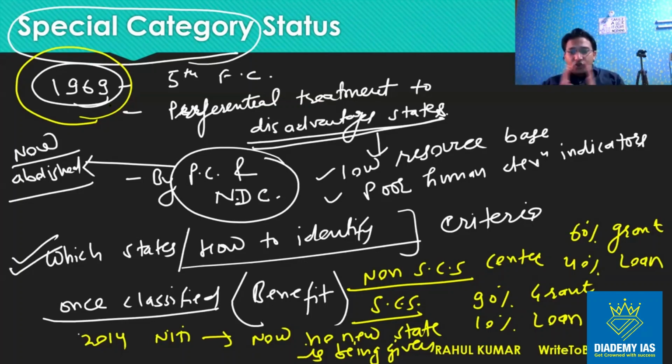As of now, there is no such concept called special category status. अब आज के समय में ऐसा कोई concept बचा ही नहीं है. ठीक है? Apart from that, there are other states, for example Bihar and Odisha, which are also demanding this special category status. ठीक है? So as of now, no new state is being given the special category status, but the old 11 states are continuing.